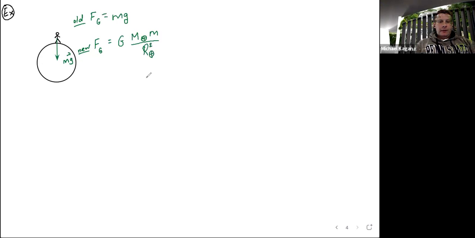Okay. So now our task is to compare and contrast these two formulas. And again, just a reminder, in physics, whenever you have a new, better, wider theory, there is this correspondence principle that says wherever and whenever the old theory worked well, the new theory should be consistent with that.